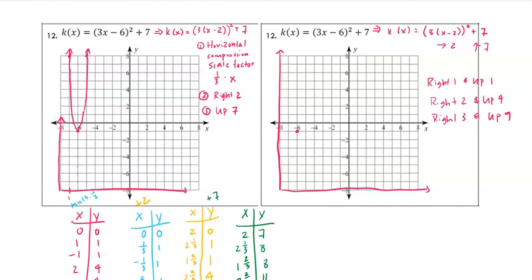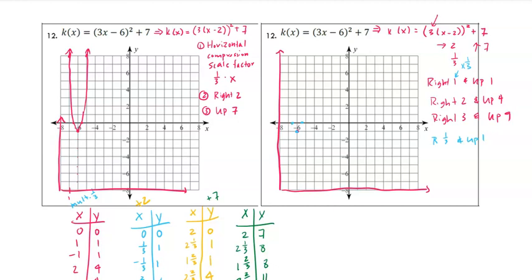Okay, now from here you notice that that 3 is going to be 1/3, and you're multiplying the right and left. So I'm going to multiply all of these by 1/3. So now you're going to go right 1/3 and up 1.